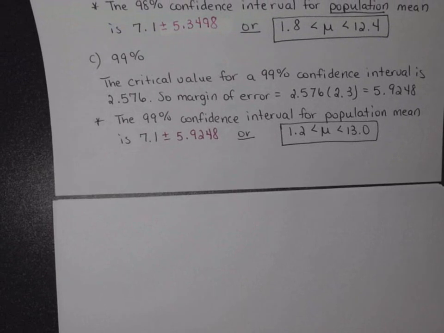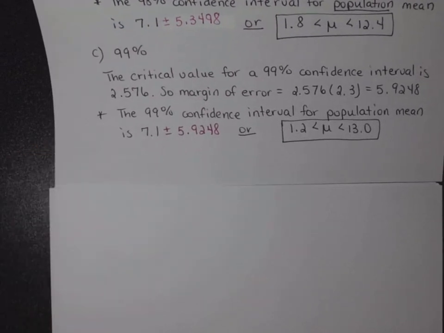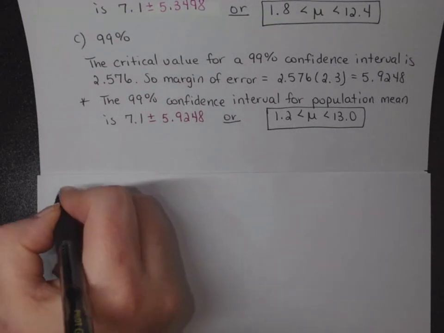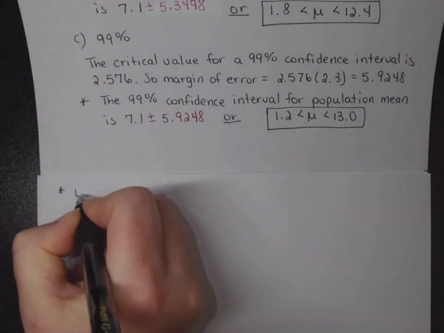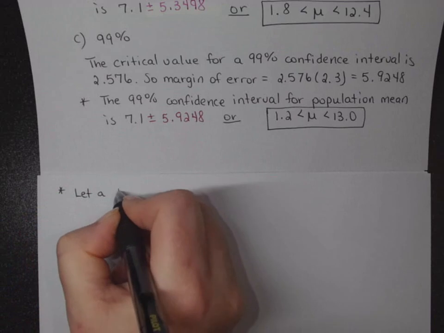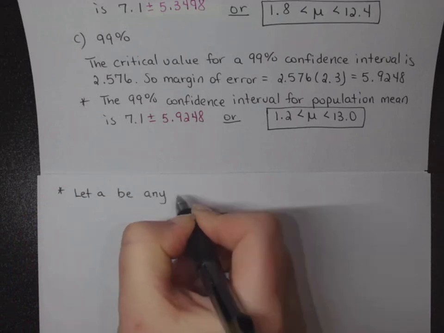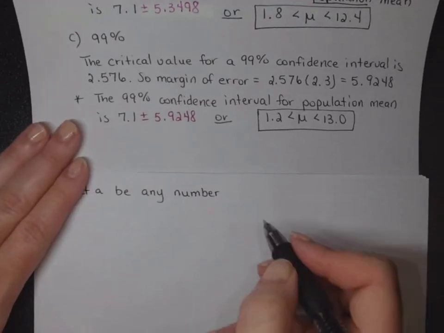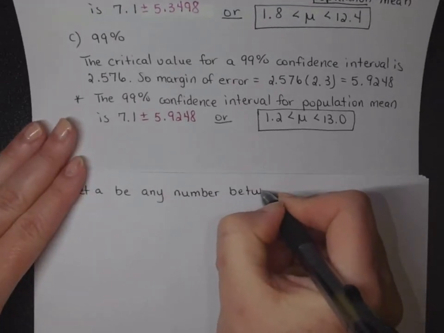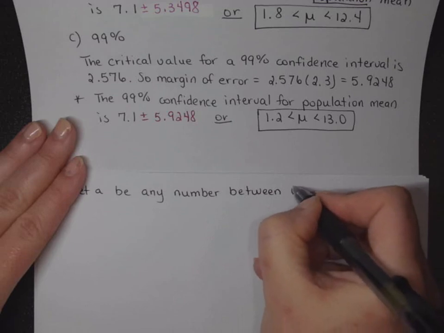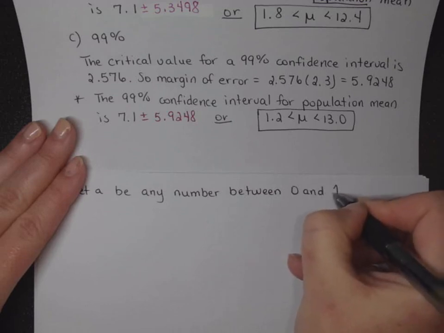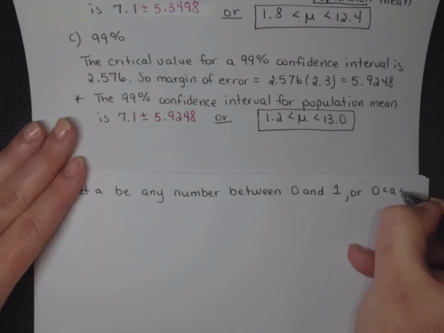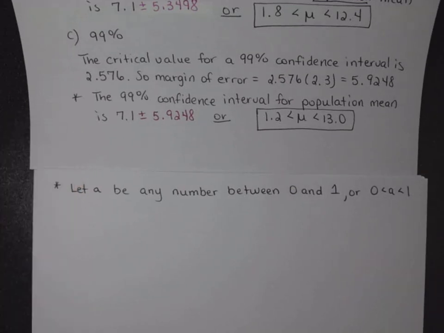So before we move on, we're going to look at some new notation, and I don't want you to be thrown off by it. So we've been talking about z-score, but there's going to be a variation of z-score. So let A be any number between 0 and 1. Or another way to say that is A is between 0 and 1, like that.